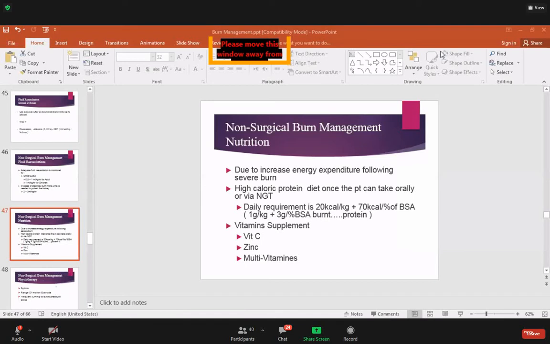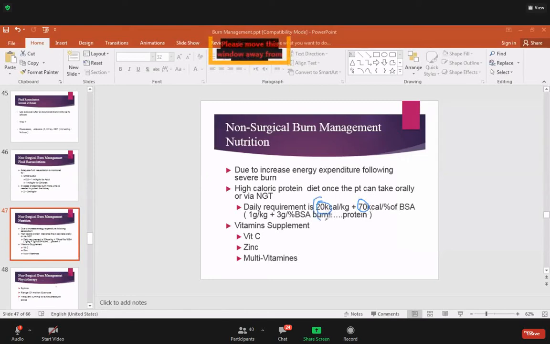How many total calories will you give to this person in one day? 20 kilocalories per kg and 70 kilocalories per total body surface area burnt.